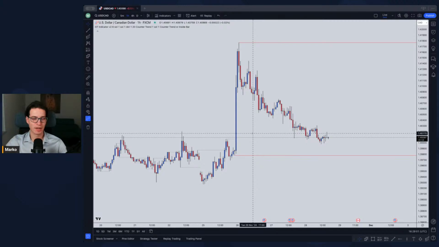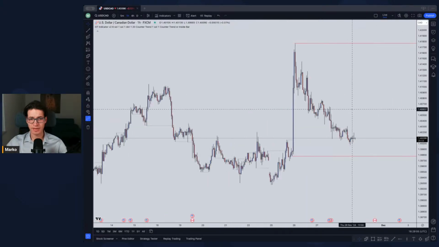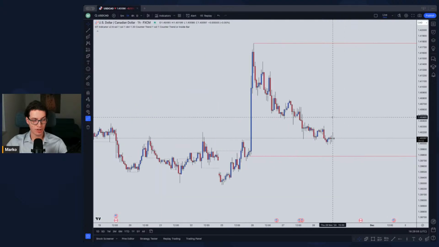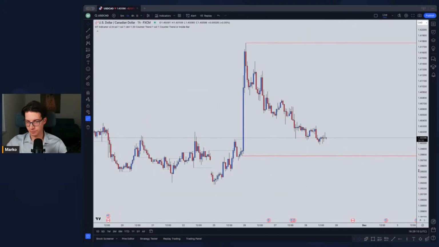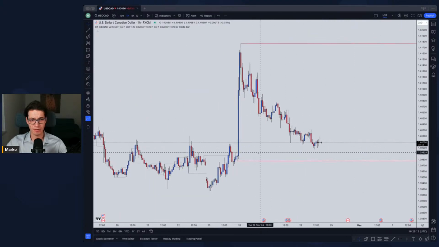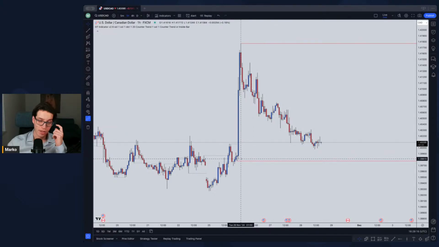I must see the price break the low or break the high. Until it does, I just have to remain patient, okay? So that is how it generally works with the highs and lows. Yeah, I wanted to show you those two currencies. I wanted to check them out to see what is happening with them as well.